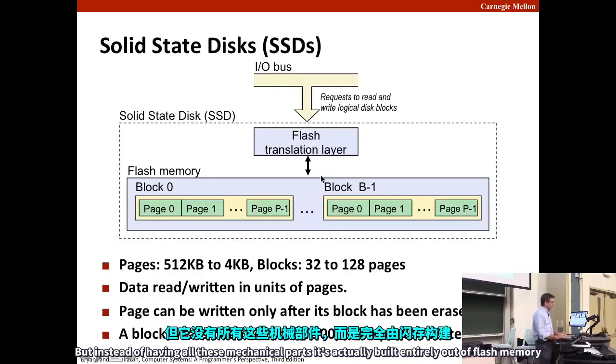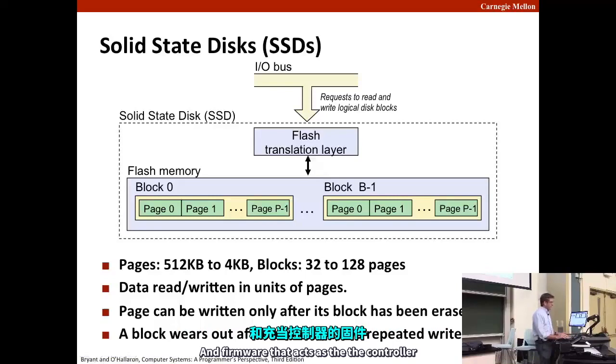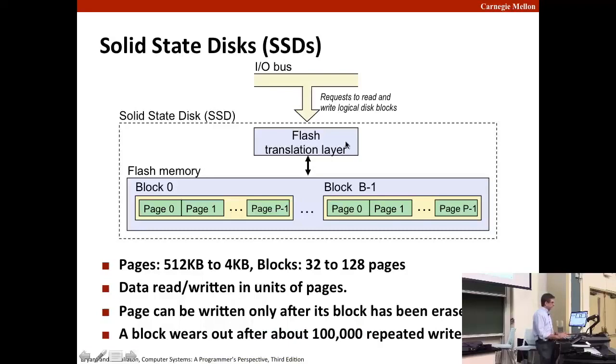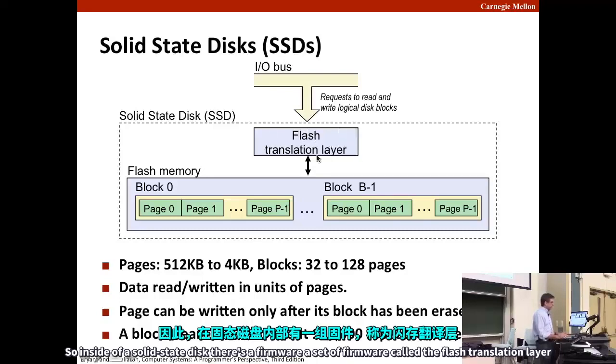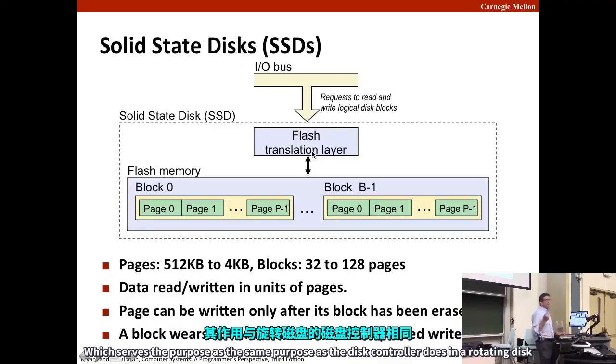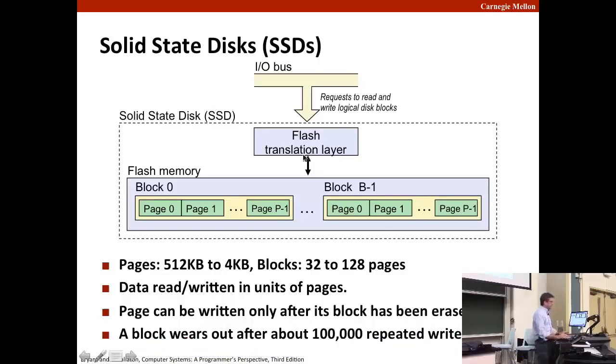But instead of having all these mechanical parts, it's actually built entirely out of flash memory and firmware that acts as the controller. So inside of a solid-state disk, there's a set of firmware called the flash translation layer, which serves the same purpose as the disk controller does in a rotating disk.